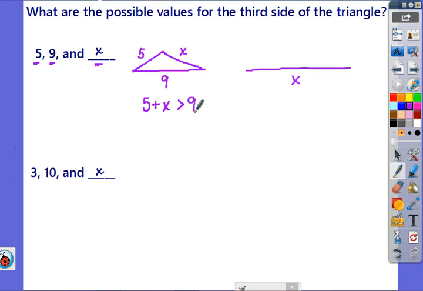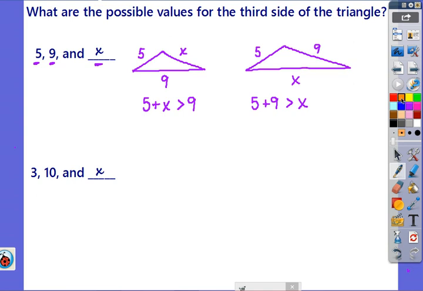Let's look at the other possibility. If x is the biggest number, we'd have a 5 here and a 9 here. And so as far as x goes, as long as the 5 plus 9 is bigger than x, this should work, right? So those are the two scenarios.